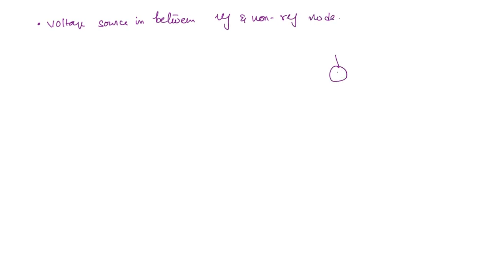Let us say this is the voltage source Vs. Here there's one node and this is the reference node. Let us say this voltage is V1. Then V1 is simply equal to the source voltage. You don't have to write any equations, it is direct. So V1 is equal to Vs. You can directly find out the node voltage like this.